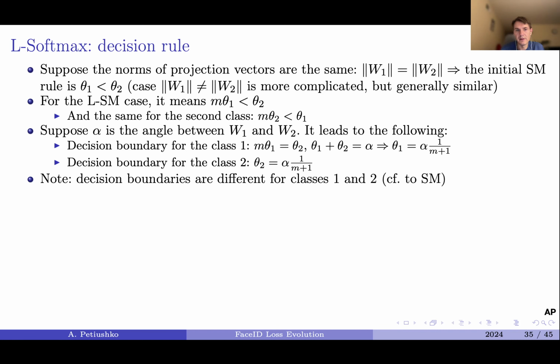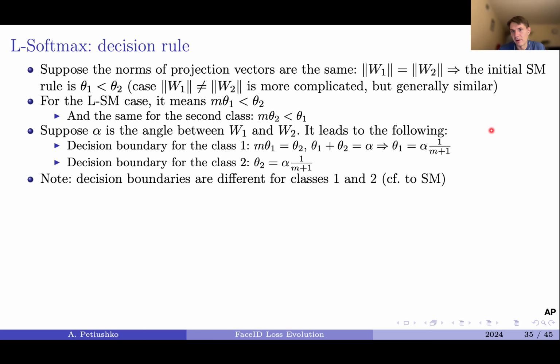Just note, by the way, the decision boundaries are different for different classes. For softmax, the decision boundary is the same, a separating hyperplane that is the same for class 1 and class 2. Here they are different, as you can see, this one and this one. So what does it mean?